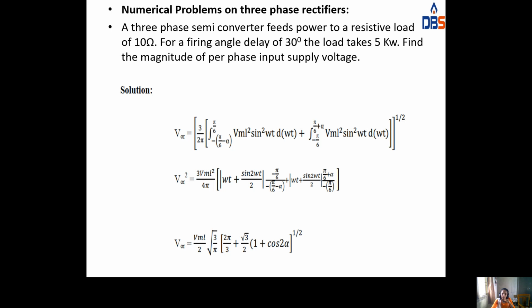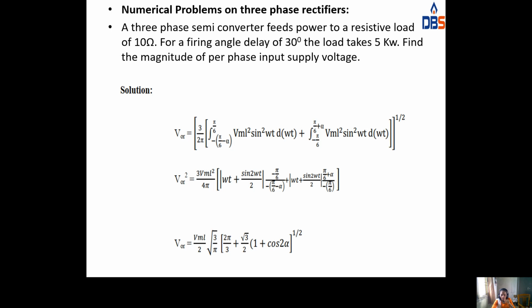Here the RMS voltage of the three-phase semi-converter is V rms equal to the square root of 3 by 2 pi times the integral from minus pi by 6 plus alpha to pi by 6 of Vm square sine square omega t plus the integral from pi by 6 to pi by 6 plus alpha of Vm square sine square omega t d omega t.